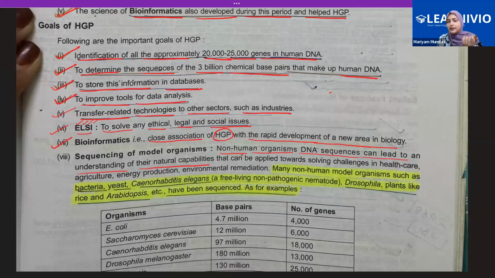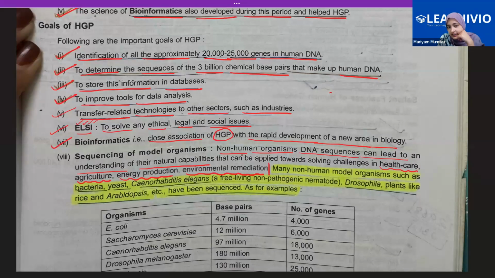And again, you people know that we humans are so clever that we can use anything for our benefit. So now, once we are done finding out the human genome, let us find out the genome of other organisms. For what? So that we can use them for our benefit, like in healthcare, in agriculture, in energy production, environmental remediation and stuff.